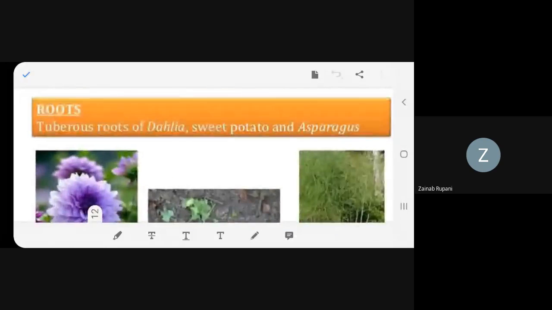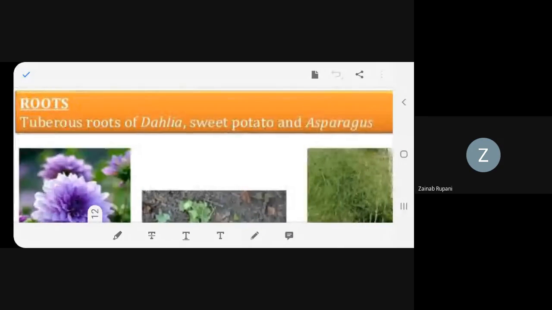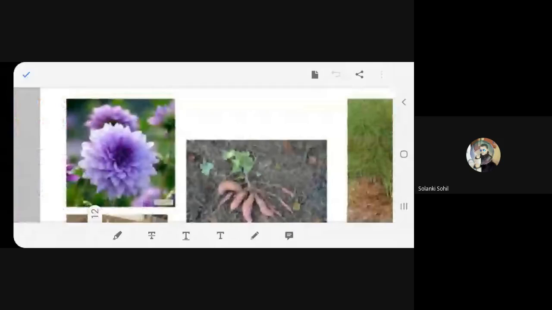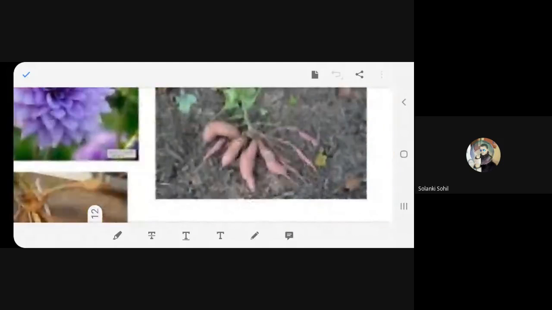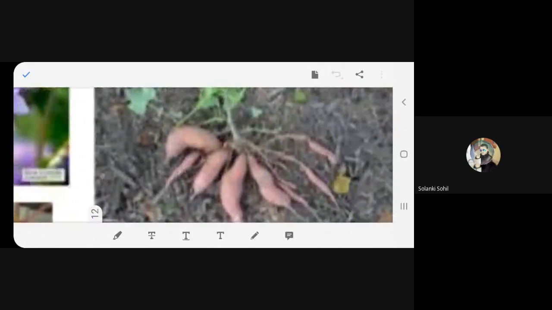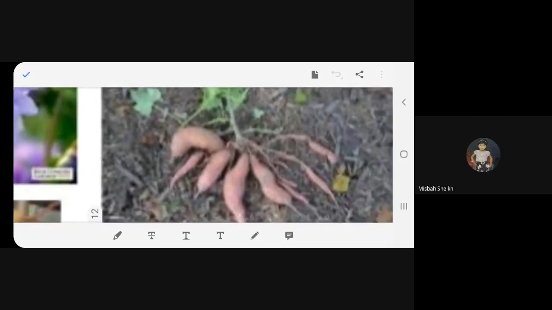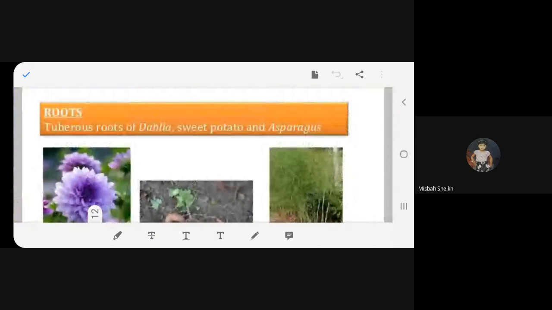Now from roots, the tubular roots of dahlia, sweet potato. You know what sweet potato is? Yes, ma'am. And asparagus. They have got tubers. See, this is sweet potato. Can you see this? These are tubers. What are they called? Tubers. So what is involved?